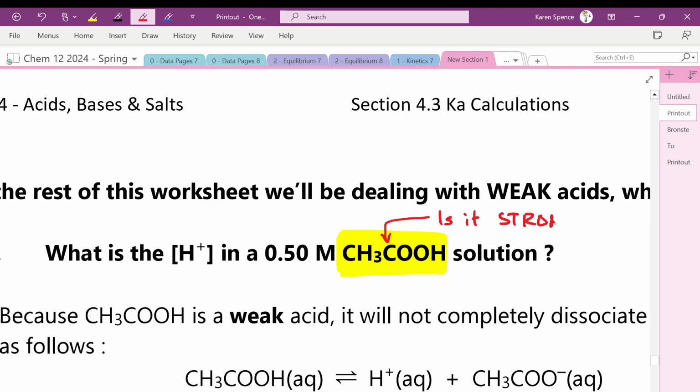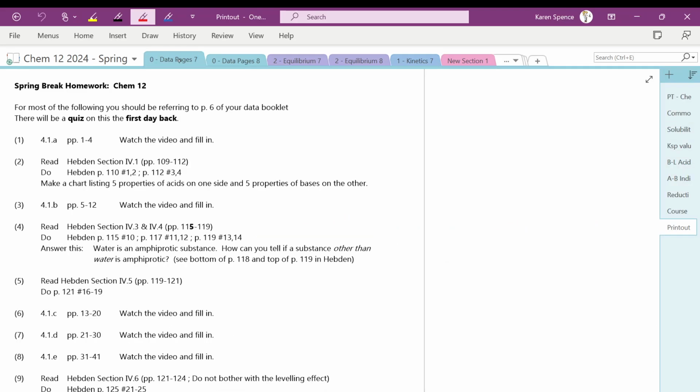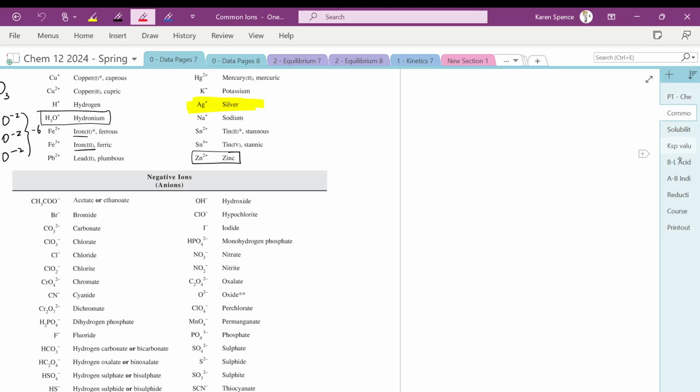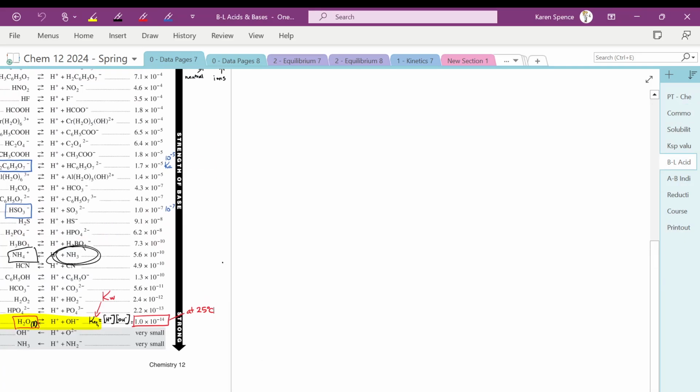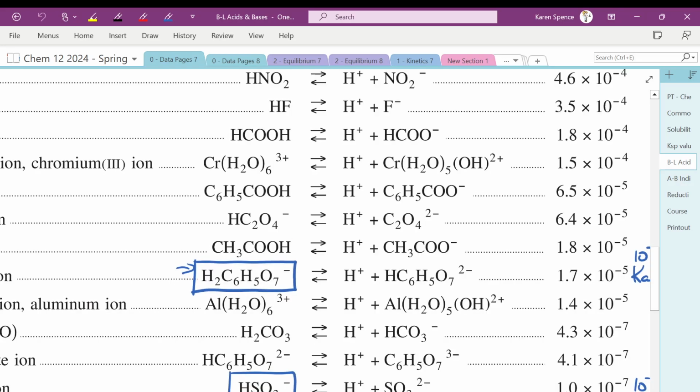So go look on your table and decide, is it strong or weak? And we go to our table and we say CH3COOH. There we are. Oh, it's in the middle of the table. It is weak.